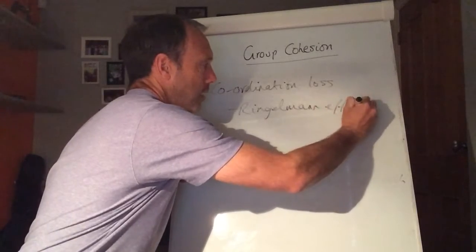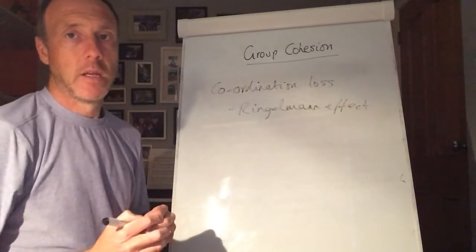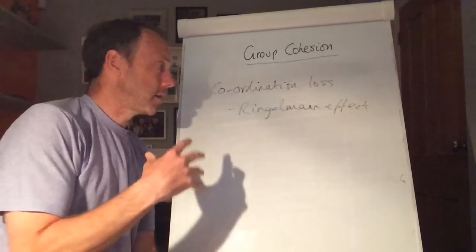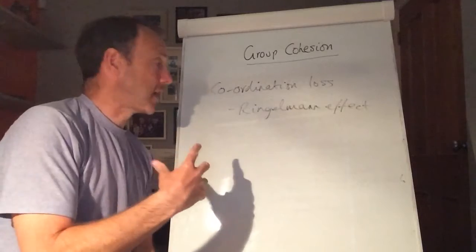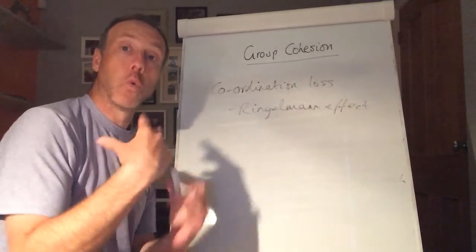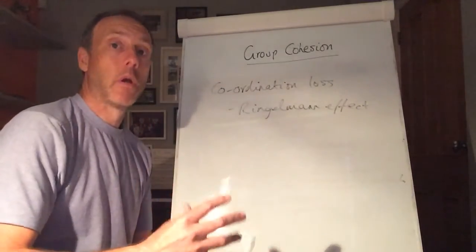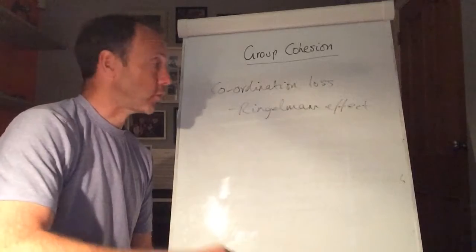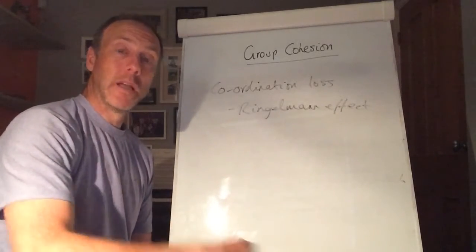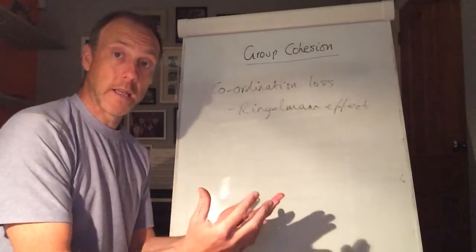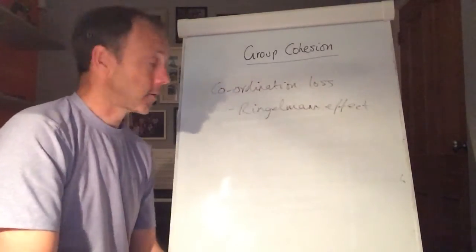Two N's at the end, the Ringelmann effect. And the Ringelmann effect effectively says that it is more difficult to coordinate a group of greater numbers. So as numbers rise within a group, it's more difficult to coordinate their performance.